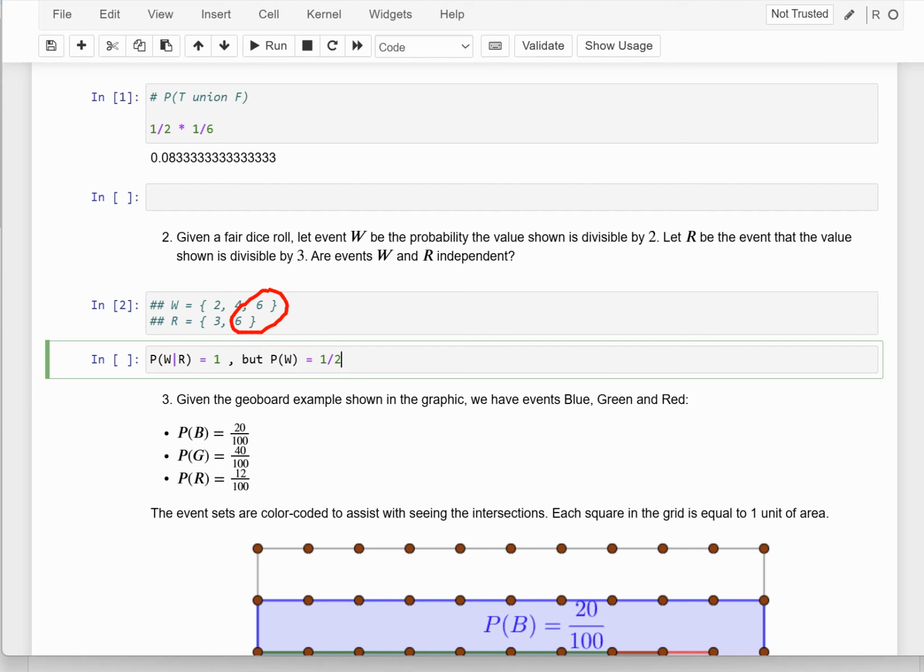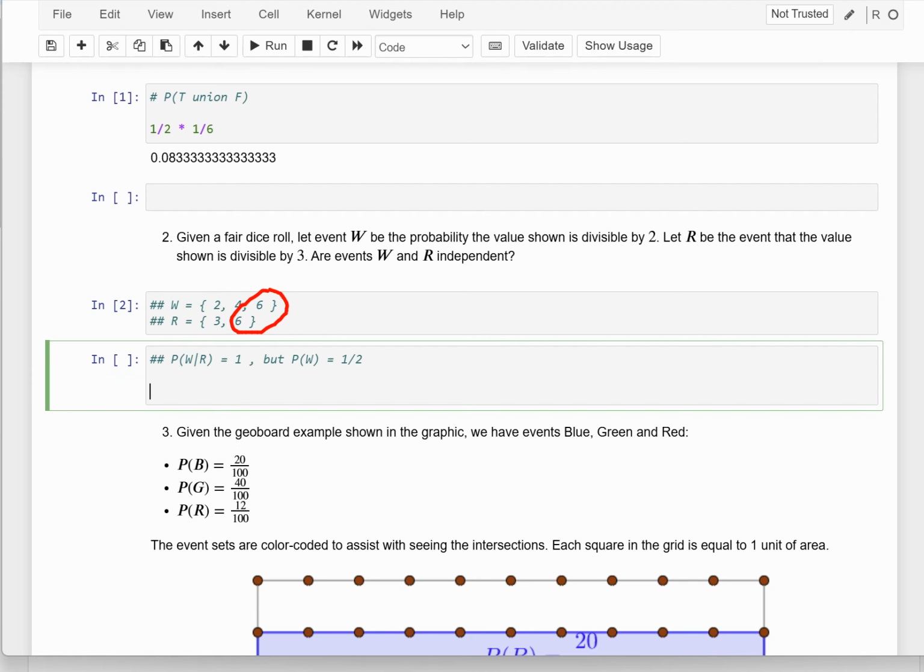So the probability of W is not equal to the probability of W given that R has already occurred. So are they independent? The answer is no. Okay, so let me put some comments in, some hashtags in there. And then my answer is going to be no, not independent.